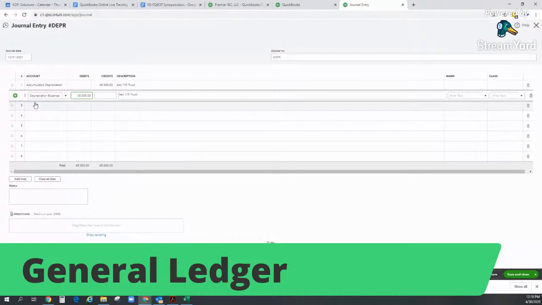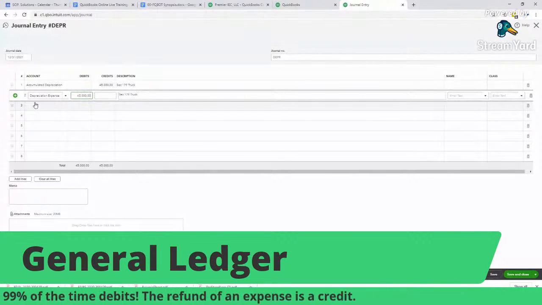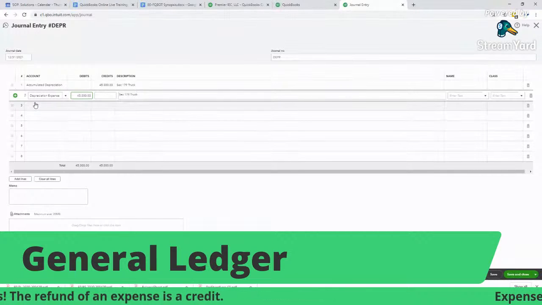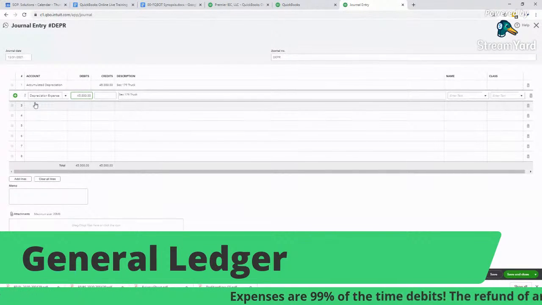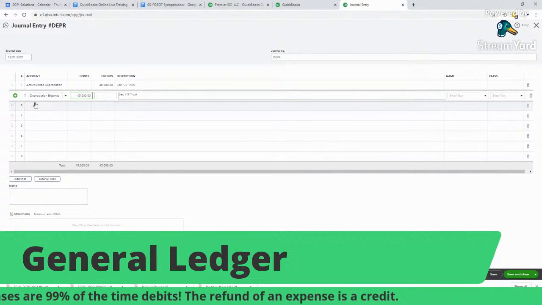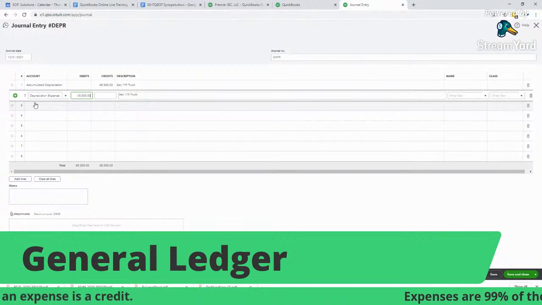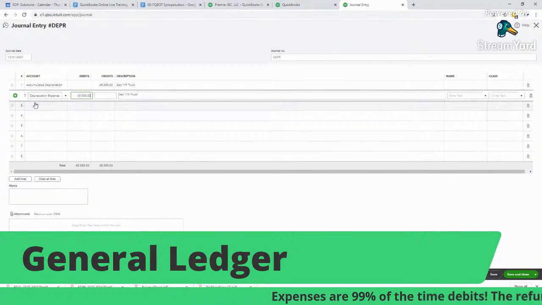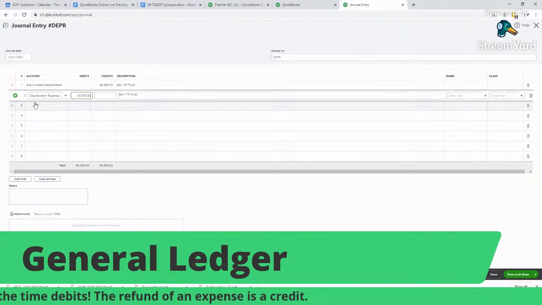It's just the one statement: your expenses are debits. The refund of an expense is a credit. Perfect. Expenses are 99% of the time debits. It looks funny, but it's true. Expenses, most of the time, almost all the time, are debits. The refund of an expense is a credit.